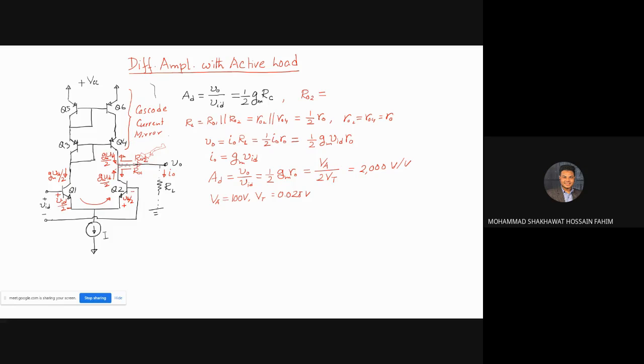R naught 6 into 1 plus gm 6 R pi 6 parallel R naught 4. And what will be the end result? R naught 6 into 1 plus gm.